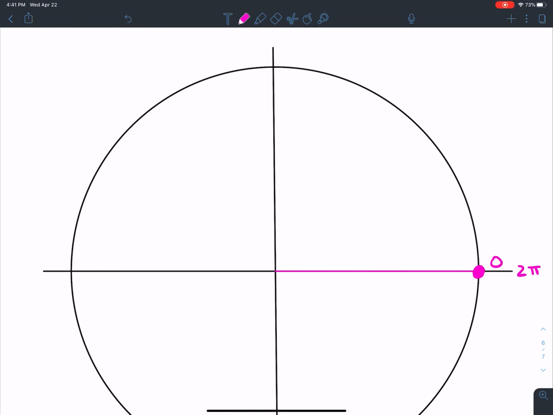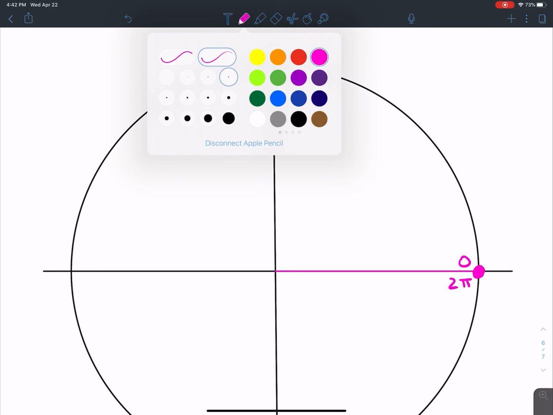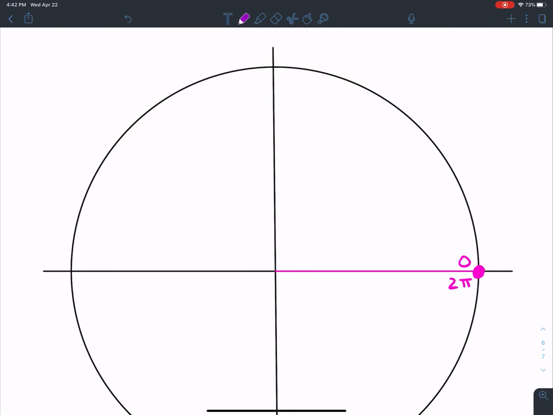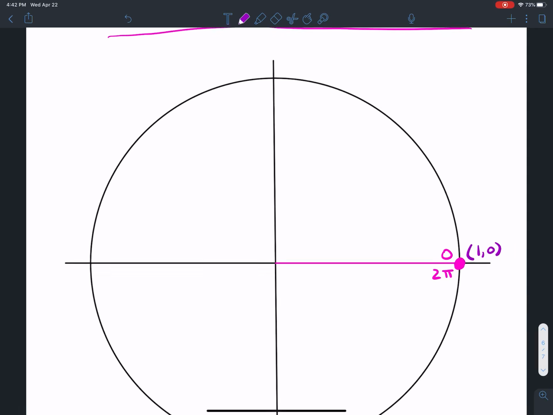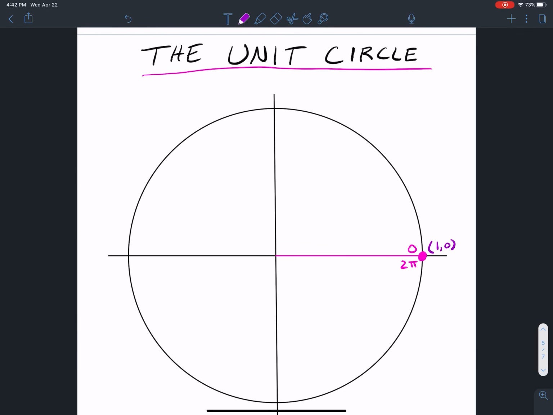Okay, now this point here, even though it's an angle, I'm going to run out of room, so maybe I'll put my angles on the inside here. Okay, so the point here is 1 comma 0.